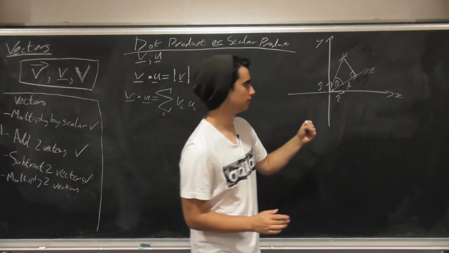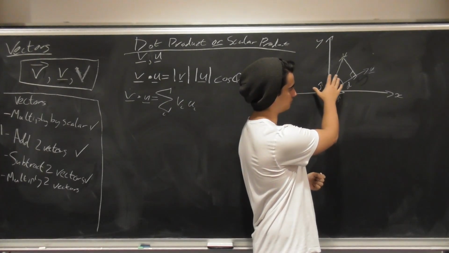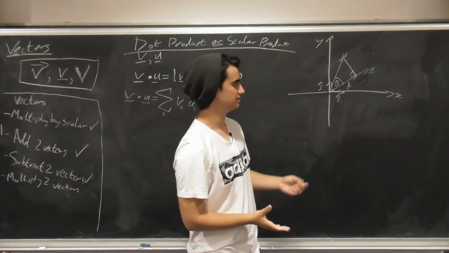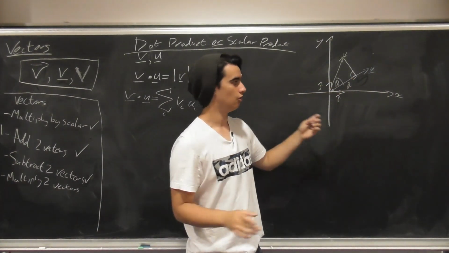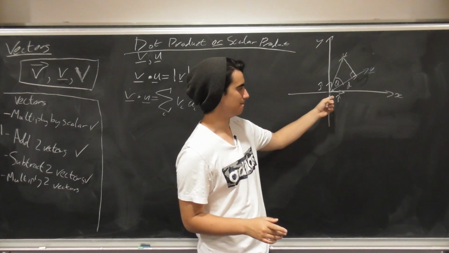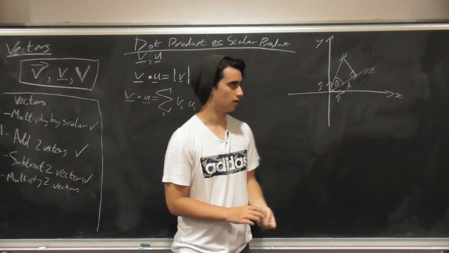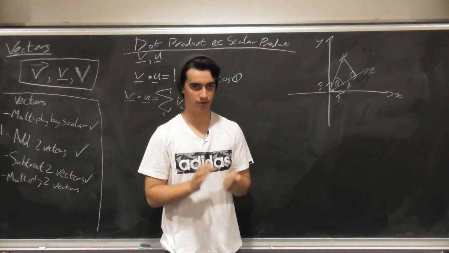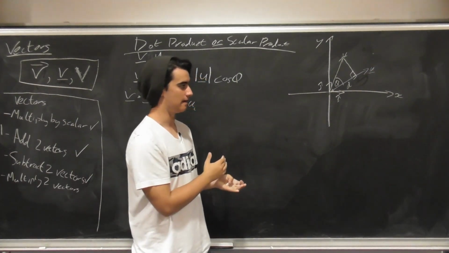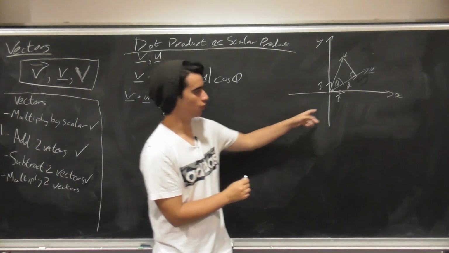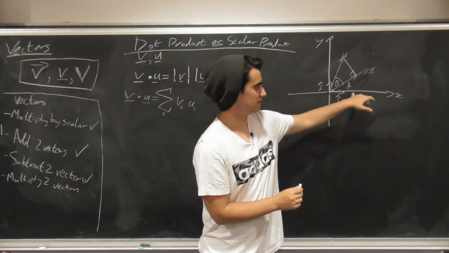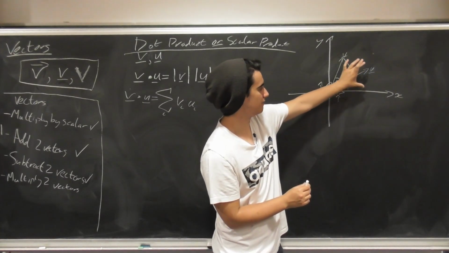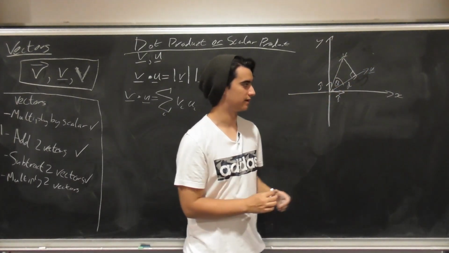So now we have a new way of dealing with u. Instead of just calling it u, let's say we're going for a walk. Instead of going 1 u vector, we can say go along, let's say, 3 units along the x-axis, and then 2 units along the y-axis.